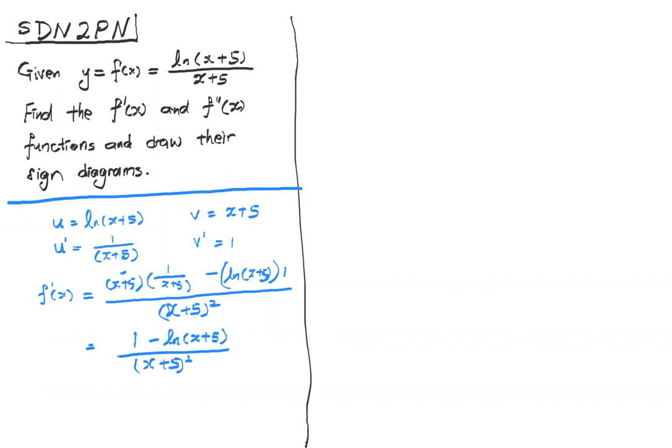Okay, when I want to draw the sign diagram, if I don't know how to solve f'(x) equal to 0, what I will do is I will take out my GC and use it to help me. It's better for me to do something than to do nothing.